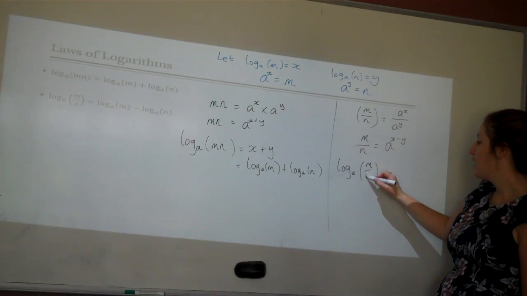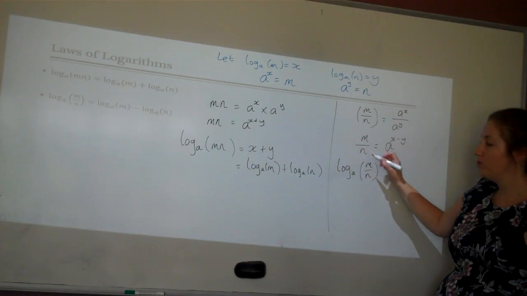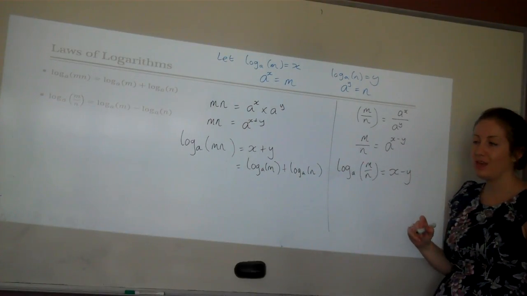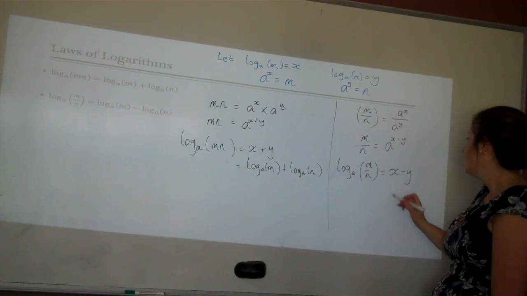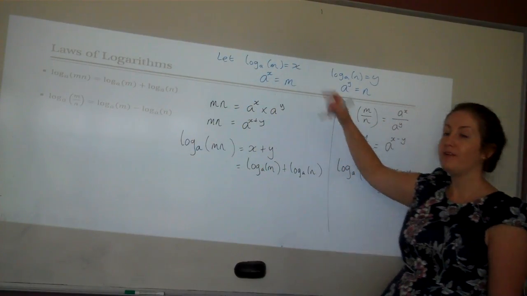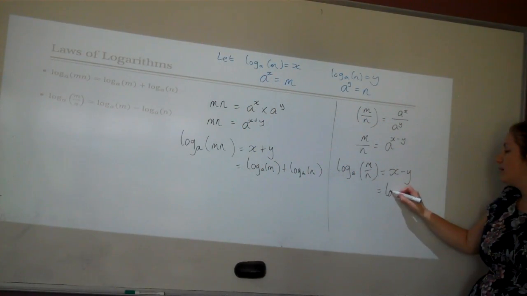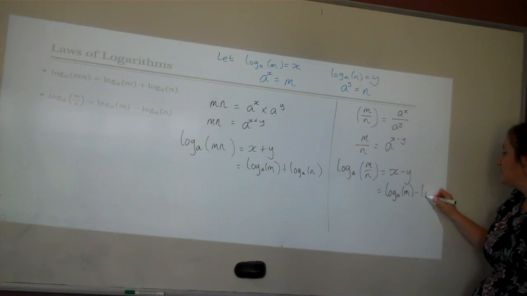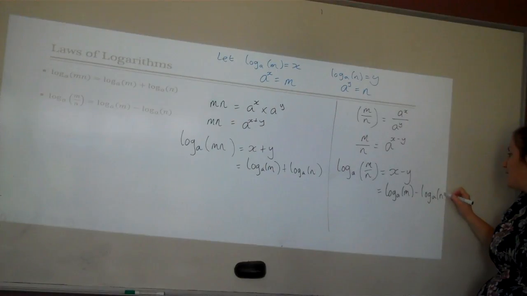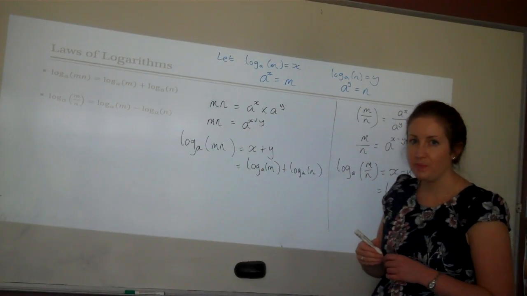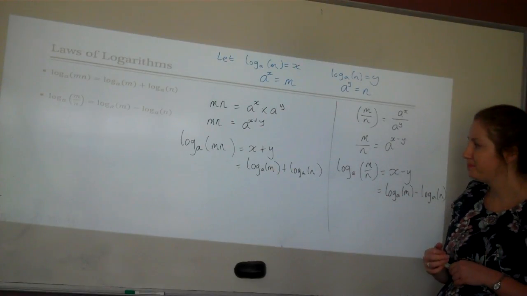Inside our brackets we have what our equation was equal to before, and now it's going to be equal to the old power of the exponential equation. We know x was defined up here as being log a of m, so instead of x we will get log a of m, minus, instead of y, we have log a of n. And this has proven our second of the logarithm laws.